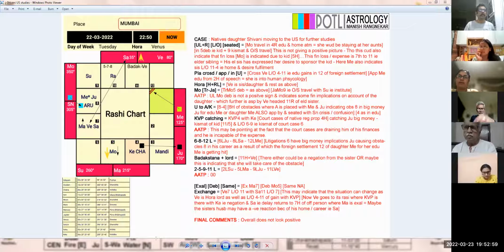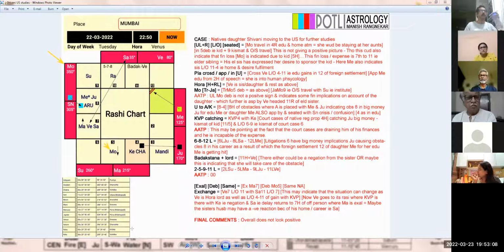Okay. So now in our case, this Jupiter is okay. This one is debilitated. So what does it show? What is the strength of the Udayam Lord? Strong or weak? Weak, obviously. In the 8th Rashi plus debilitated.